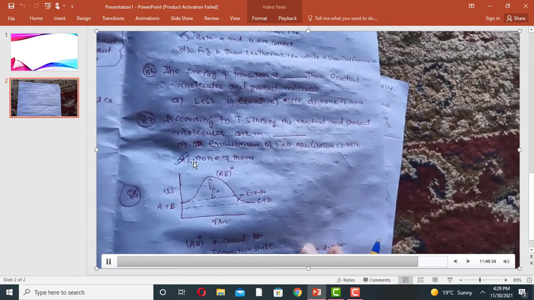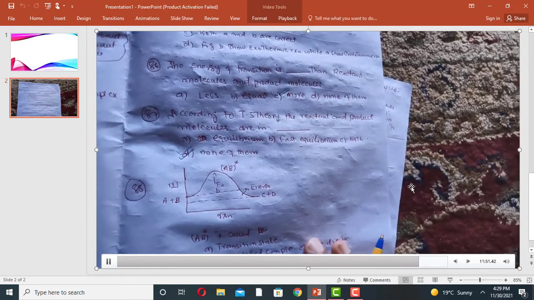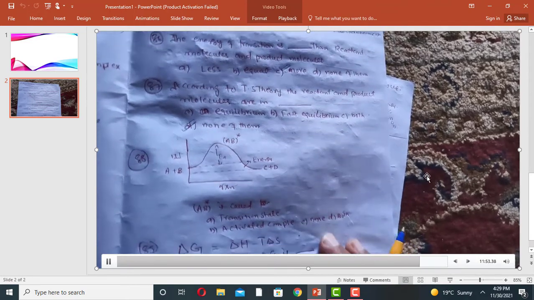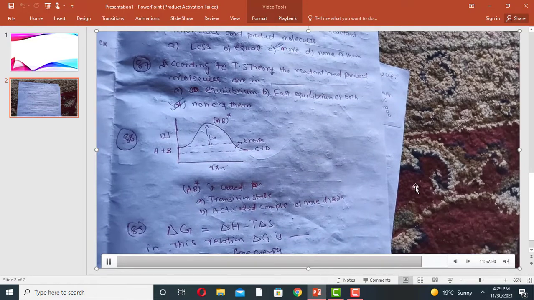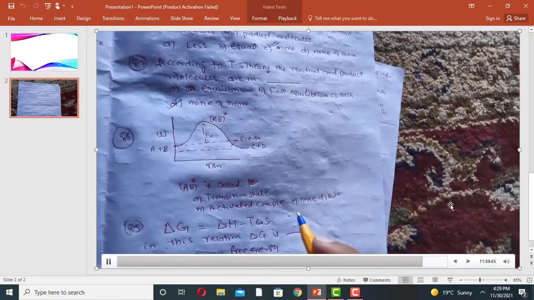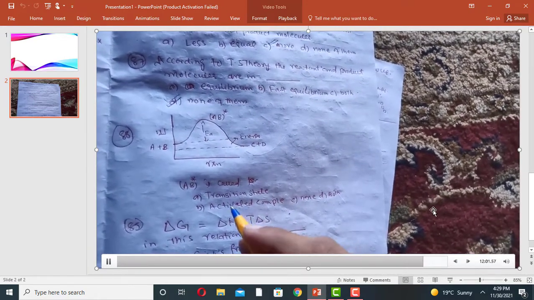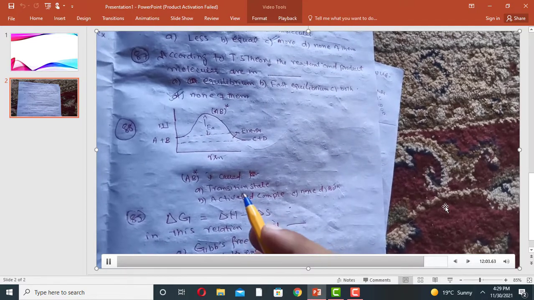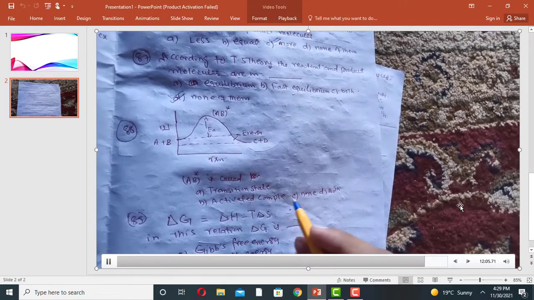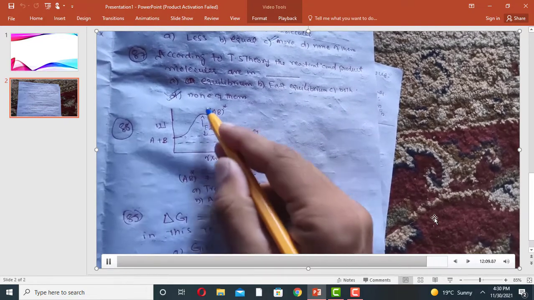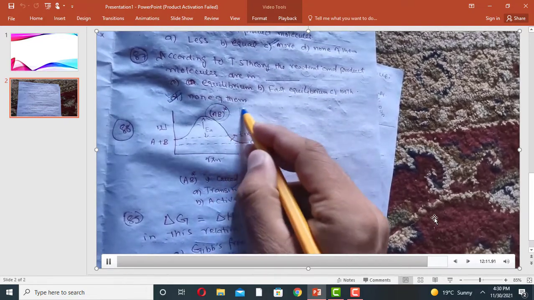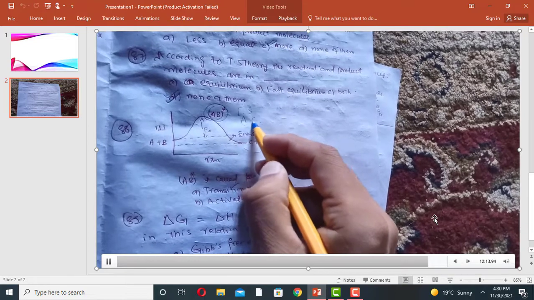So none of the given options. This is A and B. This is the activated complex, which gives the product. AB is called the transition state or activated complex. Both names are correct. This state is the transition state, and it is also called the activated complex state.